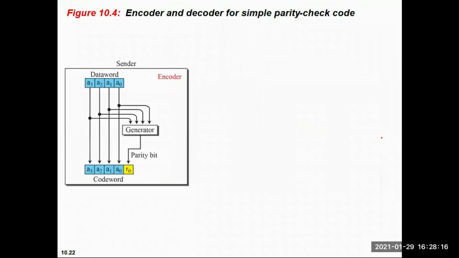Now we will see a technique for error detection in parity check. At the sender side, the encoder, this whole thing is known as the encoder. Your data word is there, and by the parity generator, this parity bit gets added in front of that data word, and the whole thing is known as the code word.